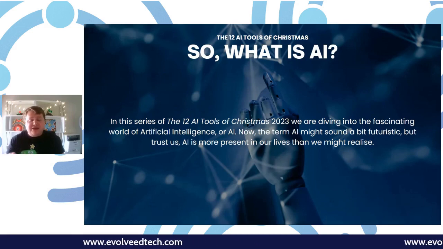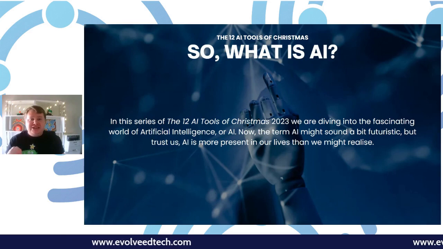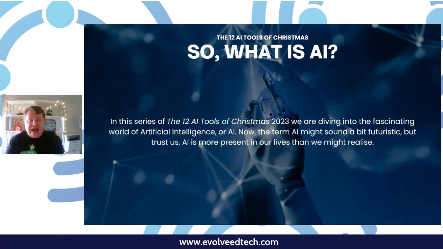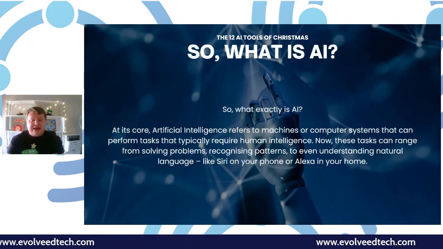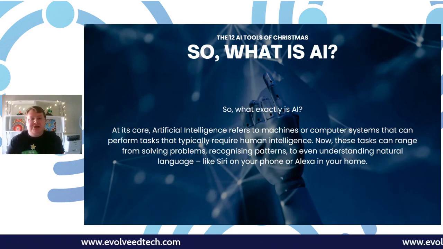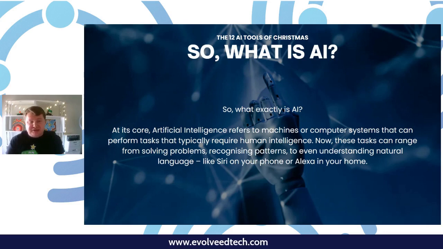Let's delve into this idea of AI and realize that AI is actually more embedded into our world than you may think. And it's going to be part of the evolution of teaching, of learning, of our practice as we move forward. So, what exactly is AI? At its core, AI, or artificial intelligence, refers to the idea of machines or computer systems performing tasks that typically require human intelligence.